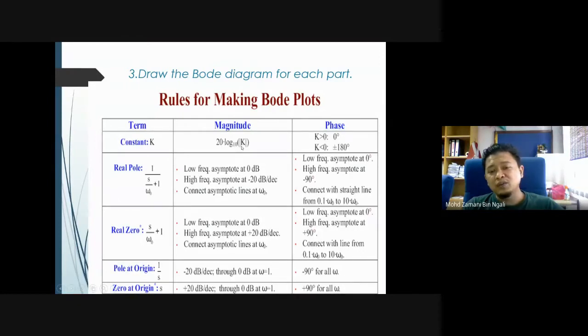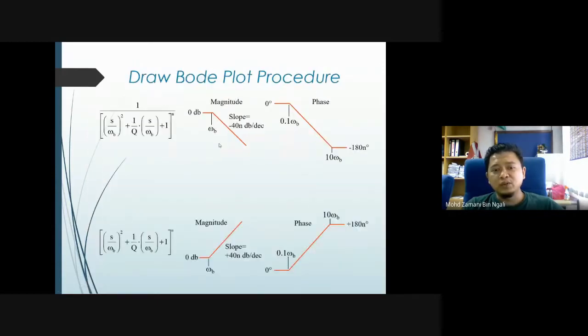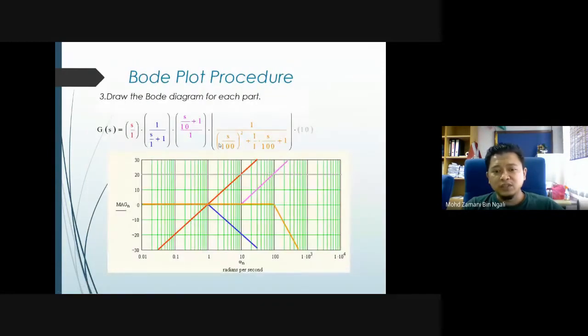Since our k is 10, log 10 equals 1. So 1 times 20 equals 20 decibel. So we go back to our graph just now. This gray line is a straight line at the value of 20 decibel. So these are the 5 lines from these 5 constituent parts.